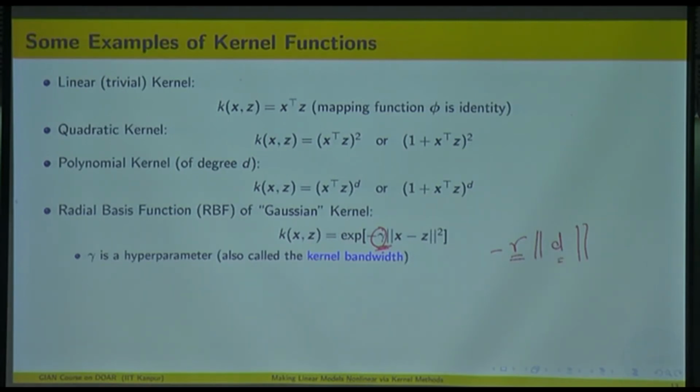Well, not always 0. So if gamma is very, very large, then even for small values of d, the similarity will be 0, which means that you are only considering points as your neighbors that are very, very close. So unless d is very close to 0, this kernel will give you a 0 value if gamma tends to infinity, right?